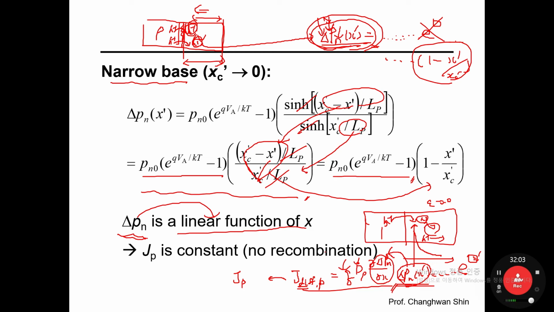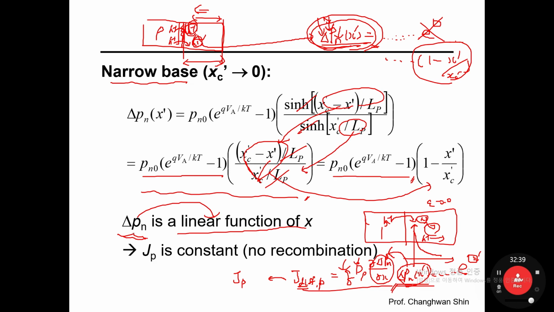Using that basic assumption, we can derive the total current density throughout the PN diode. That was the last step in ideal diode analysis. Please refresh your memory on the three big steps of ideal diode analysis, and then come back to this point.